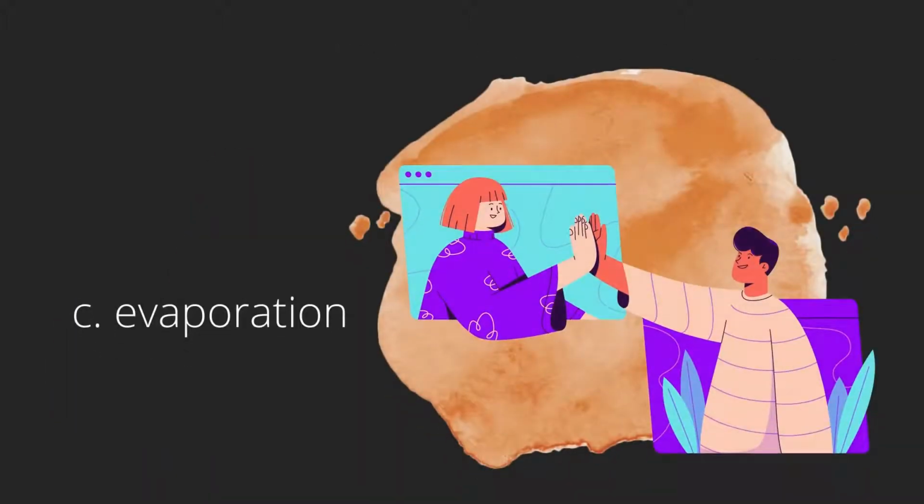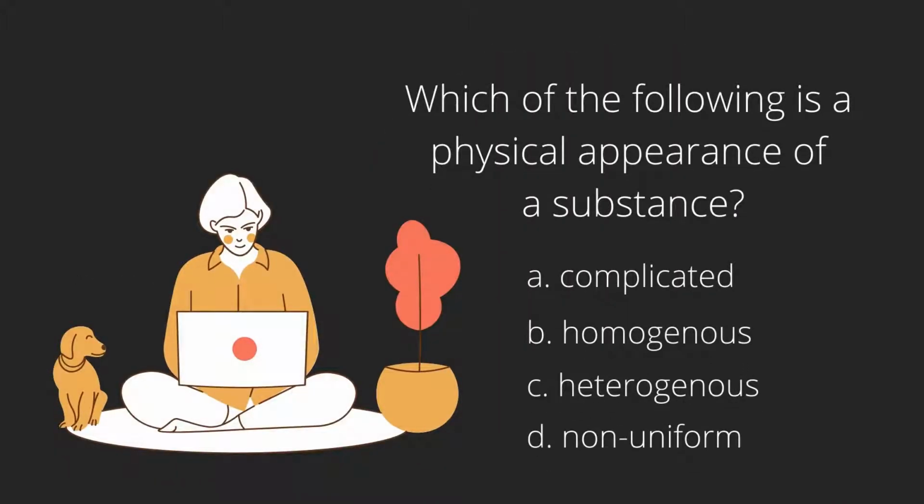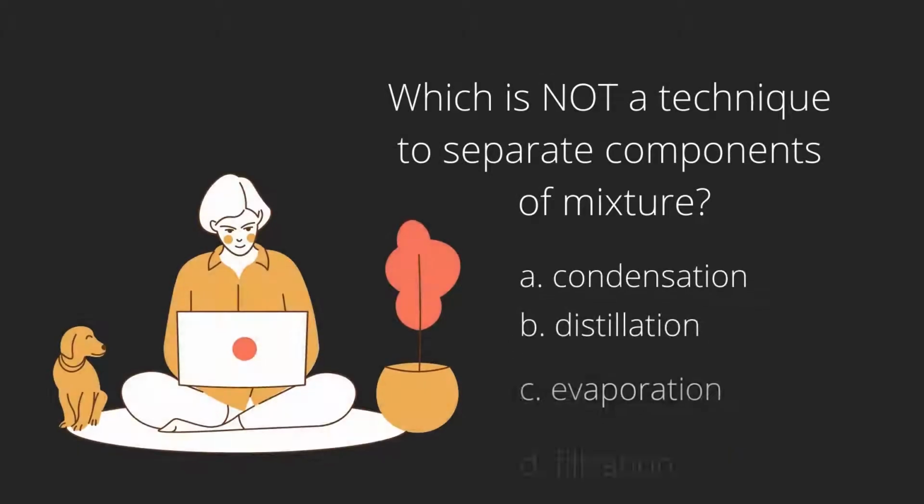That's right! Good job! Question 4. Which of the following is a physical appearance of a substance? A. Complicated. B. Homogeneous. C. Heterogeneous. D. Non-uniform. Awesome! Question 5.